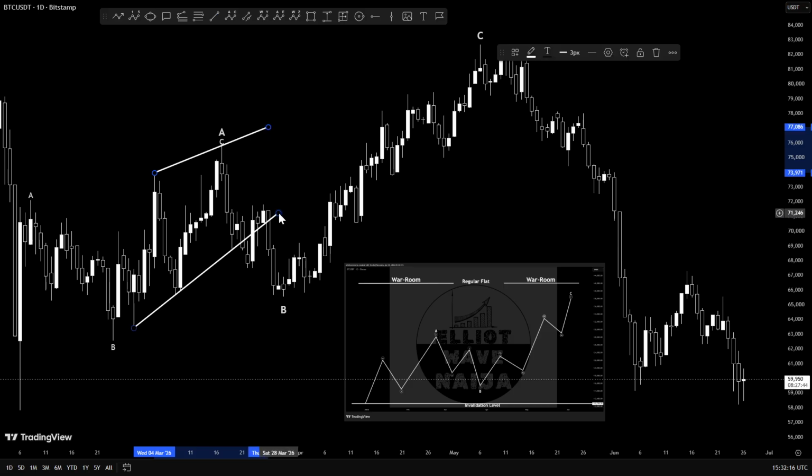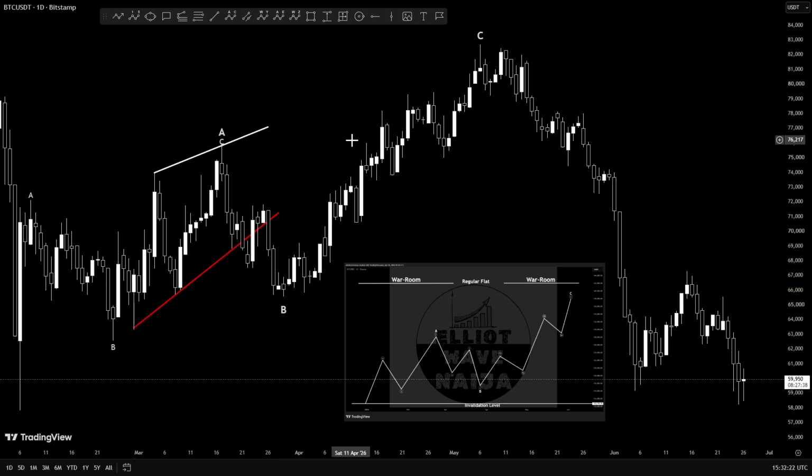Any diagonal pattern is labeled in 5. We already taught this stuff. Any diagonal will teach you everything about it. It should not be something that you'll be surprised about. 1, 2, 3, wave 4 can come into the territory of wave 2, which is one of the rules.